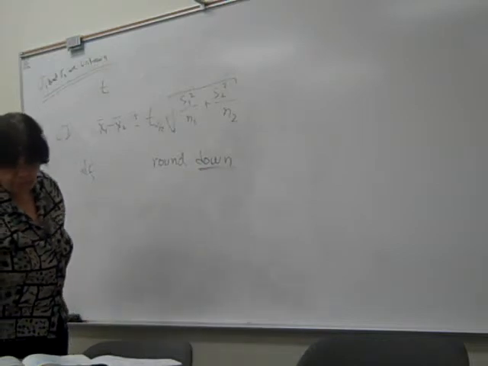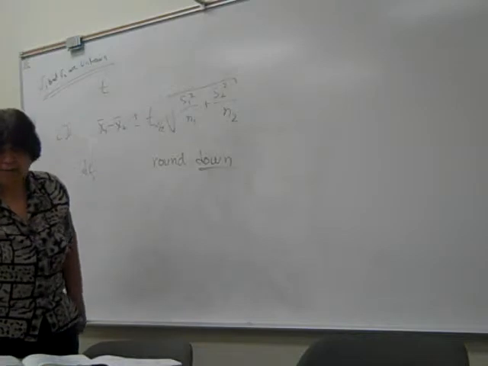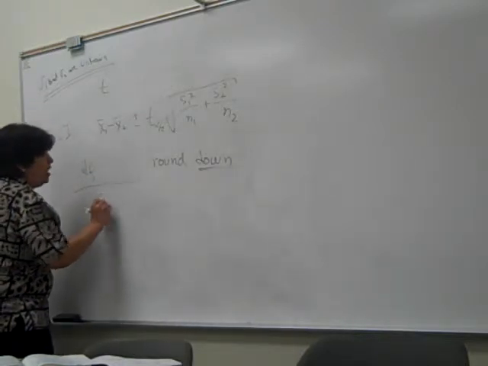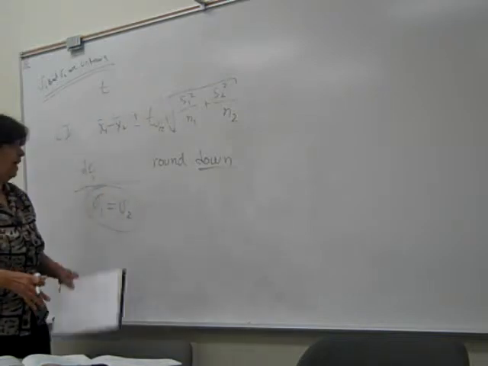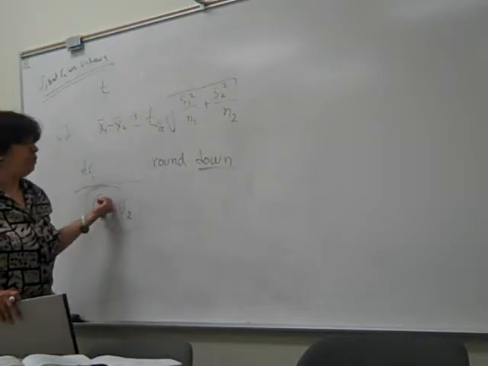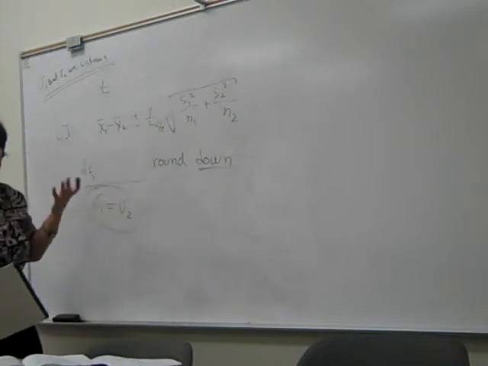Okay? We do have some situations where we may assume that sigma 1 is equal to sigma 2. Sometimes we can say that the standard deviation of population 1 is exactly the same as the standard deviation of population 2.